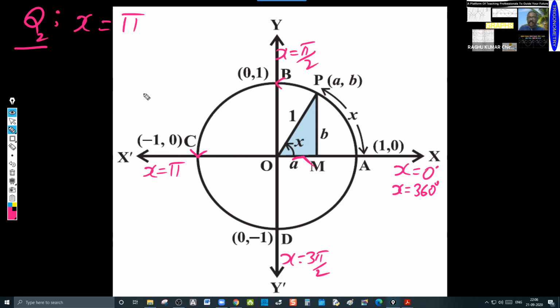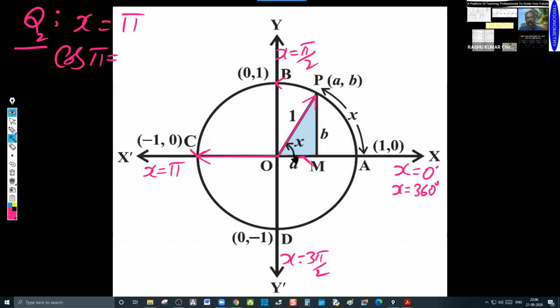Now we are talking about the horizontal component here. What is the horizontal component? That is cos x. So cos x is nothing but cos pi here. Let us see that. This is OP.